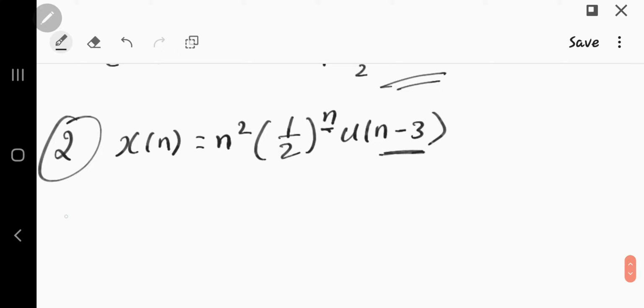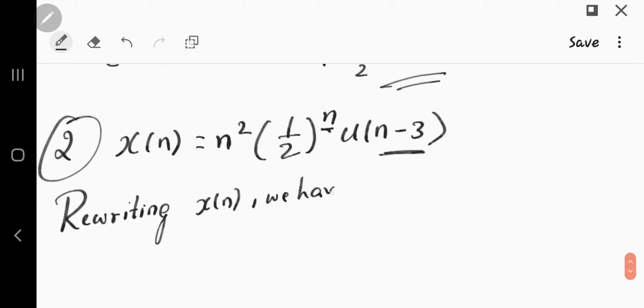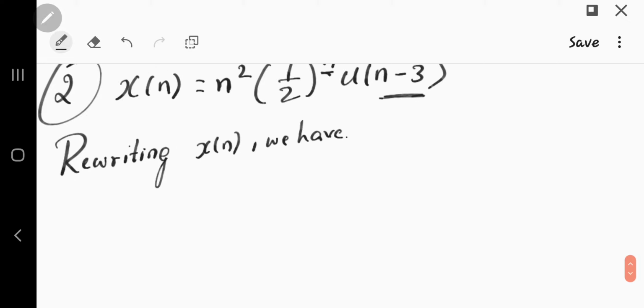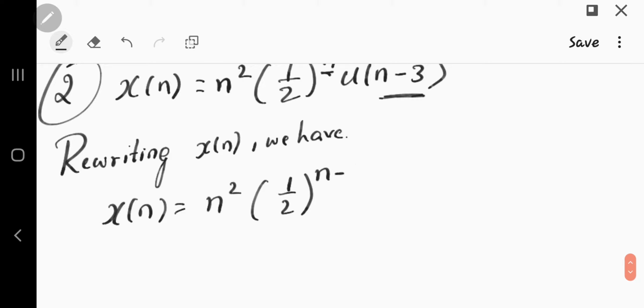So what I will do is rewrite x of n. I am just specifying this for your reference, you don't need to do that. So 1 by 2 to the power of n minus 3, since I am using n minus 3, I should also make this cancel.